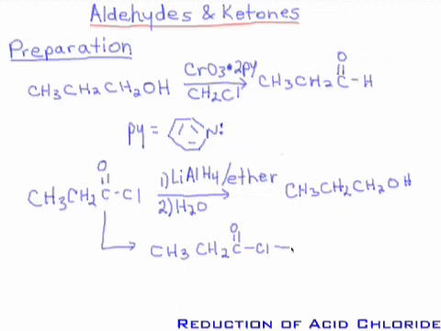But it will go on, another H minus will add, leaving an O minus, and then you throw in water, the O minus gets protonated, and you'll get to the alcohol. Well, this isn't desirable. We want the aldehyde. How can we stop at the aldehyde? We have to reduce the reactivity of the AlH4 minus.